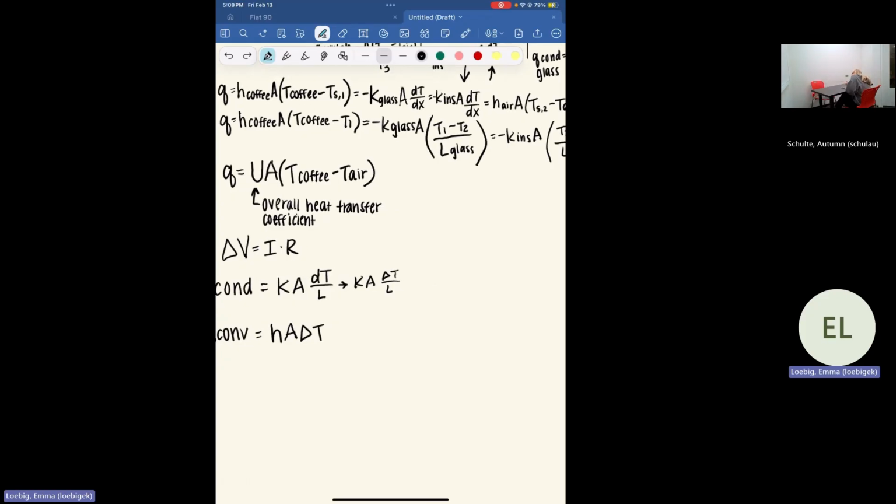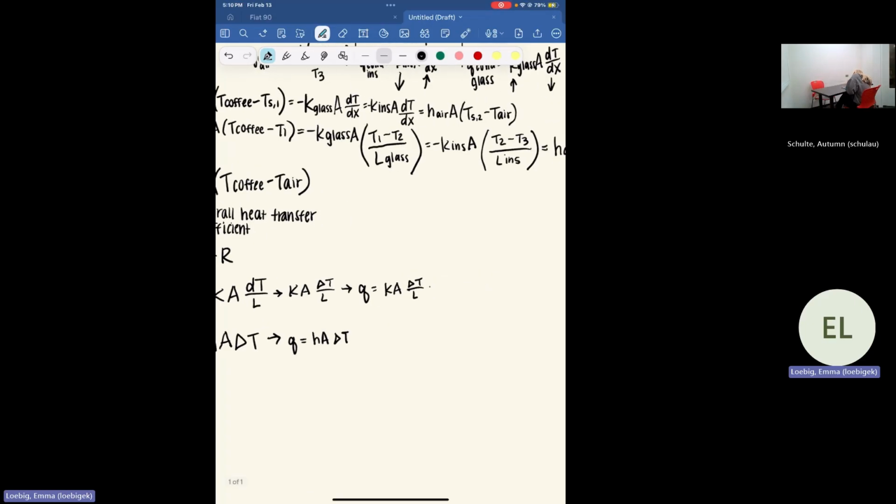The way we're going to do so, we're going to plug in Q is equal to K, A, change in T divided by L. Same over here, convection is equal to the heat transfer coefficient multiplied by A multiplied by some delta T.